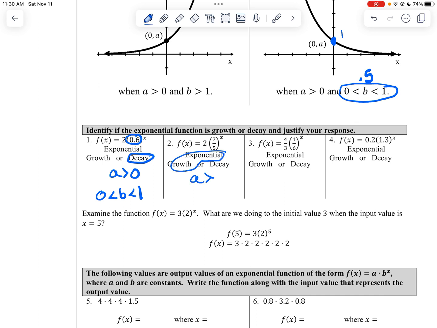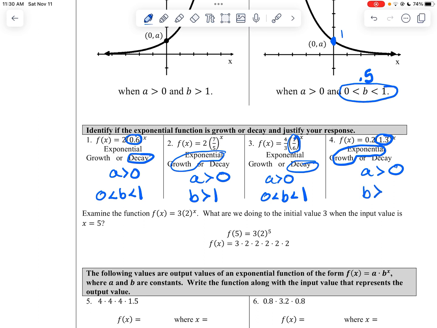So our reasoning, well, we know a is greater than 0, and our b value is greater than 1, so it's growth. Our next one is 1/6, so that's another decay. A is greater than 0, and our b value is in between 0 and 1. And then our ratio here is 1.3, so that's growth. And again, our a value is greater than 0, and our b value is also greater than 1.